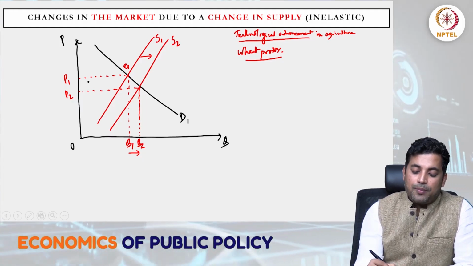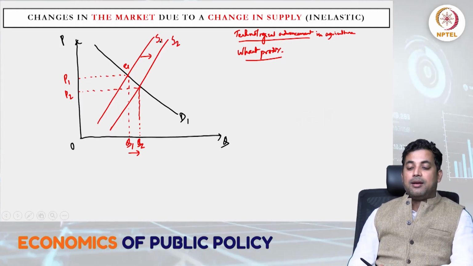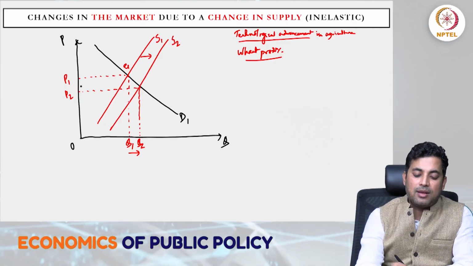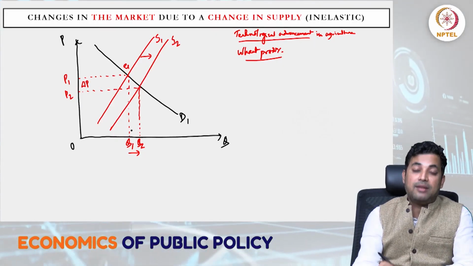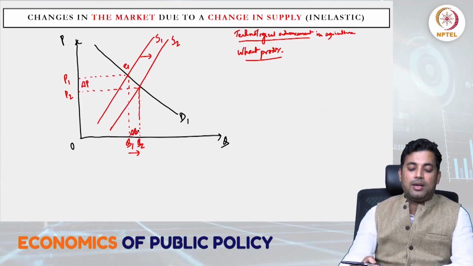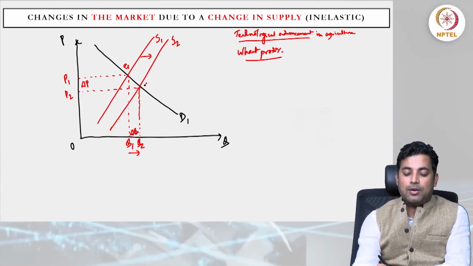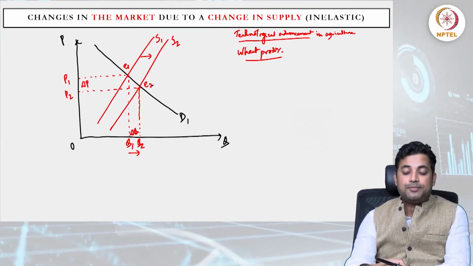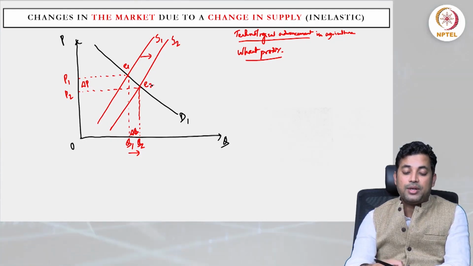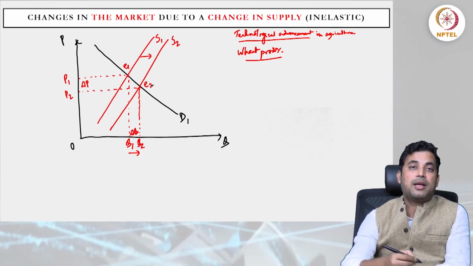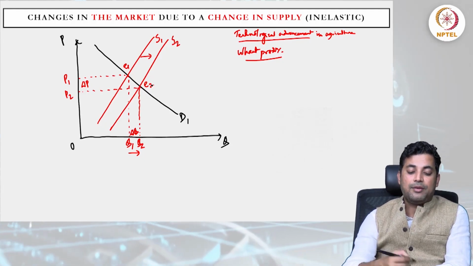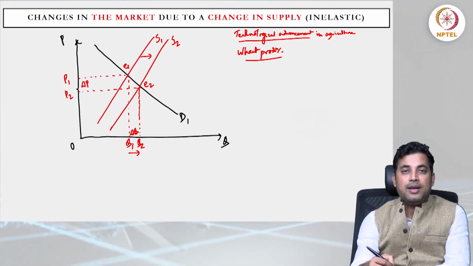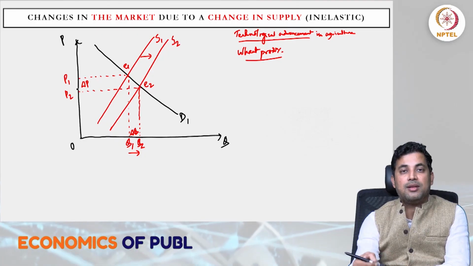Quantity has also changed. But in this particular case, demand for wheat is inelastic, like changes in the price will have lesser impact on the changes in the quantity. So we can see in this case it is price inelastic, especially wheat as a commodity, and the supply curve is inelastic, and therefore the rate of change in the price, from P1 to P2, is much higher as compared to the rate of change in the quantity.